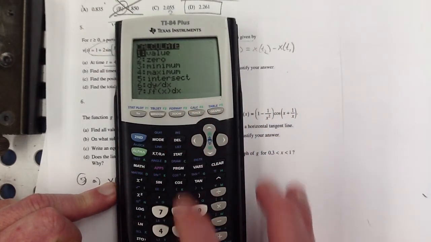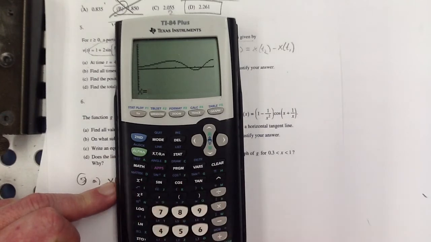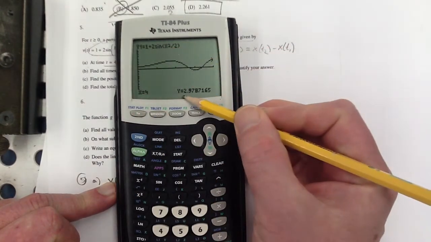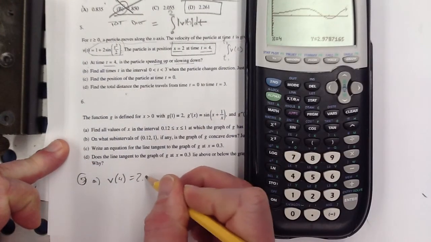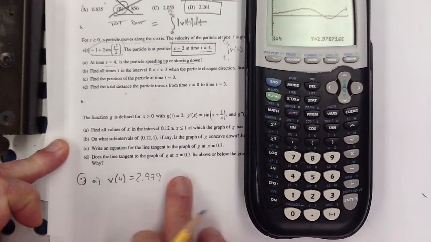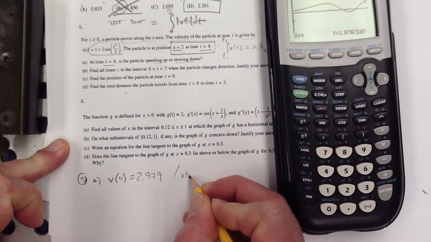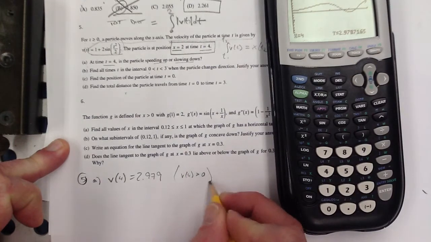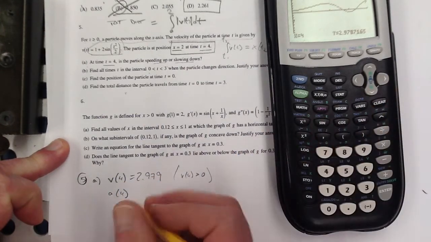It should be just asking me for value, I think I accidentally hit 2 there. So at x equals 4, this is equal to 2.979. You don't actually need to know the value there. You could just say that 4 is greater than 0. That's fine. That's all we really need to know here, whether the signs agree or not.